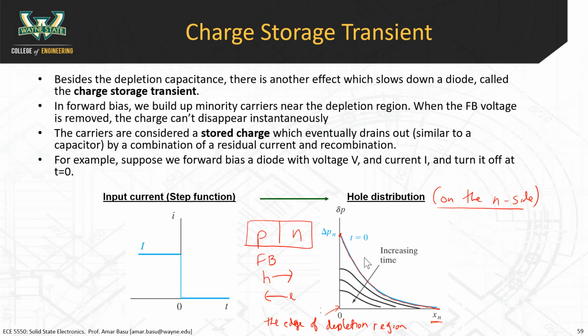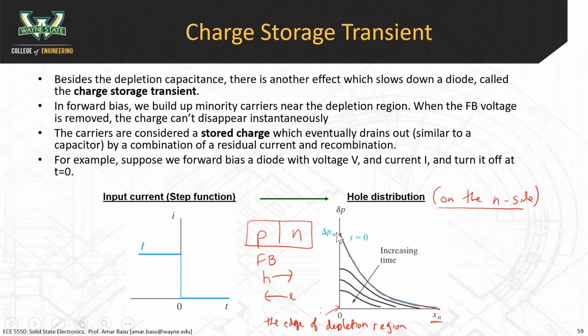It takes some time for them to recombine and go away. That recombination time, that carrier lifetime, can be small, on the order of nanoseconds or microseconds, which seems like a really short amount of time. But if we're trying to operate the system at gigahertz rates, then those things start to matter.